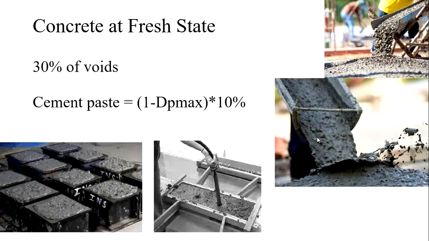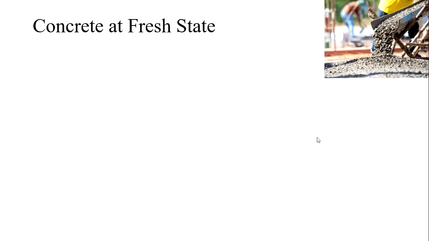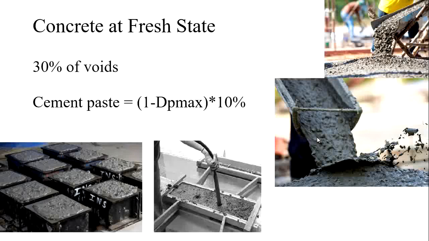But at the same time, we should use the vibrating needle very carefully, because if it is used to a very large extent, sometimes the coarse aggregate gets settled at the bottom, or the fine aggregate or the cement materials get lumped into certain areas. So, in order to reduce that, we should use the vibrating machine very carefully, and the cohesion between every ingredient should be maintained.